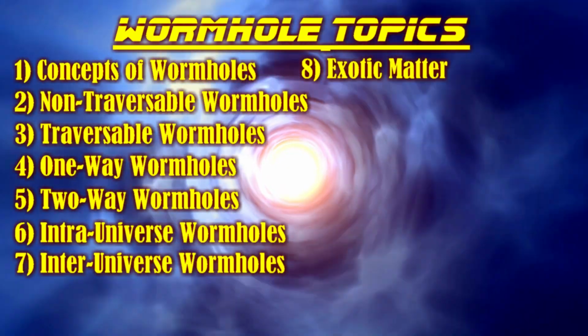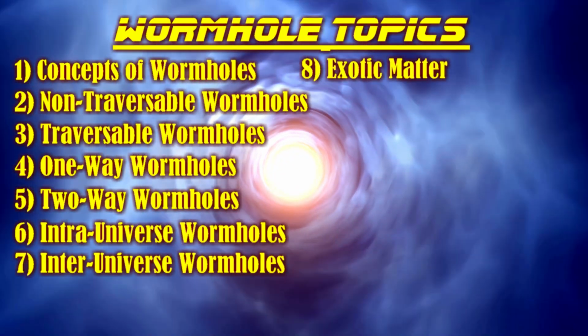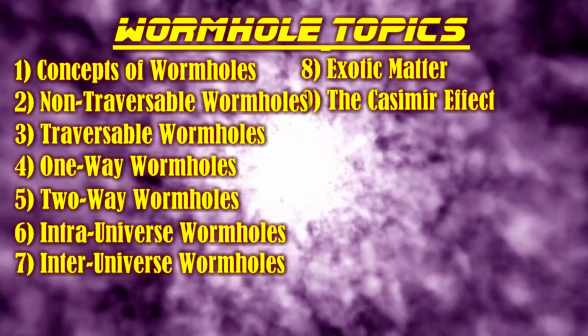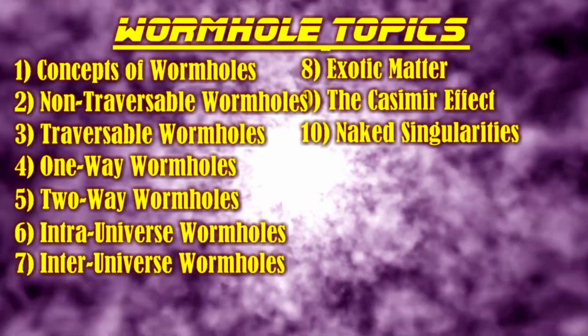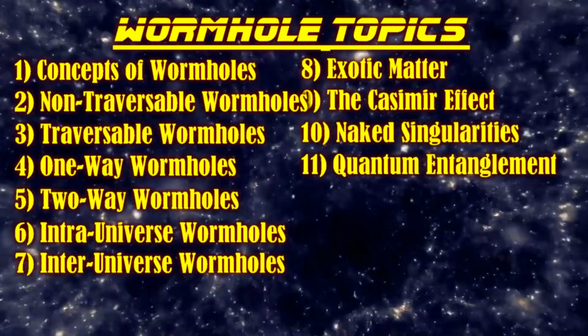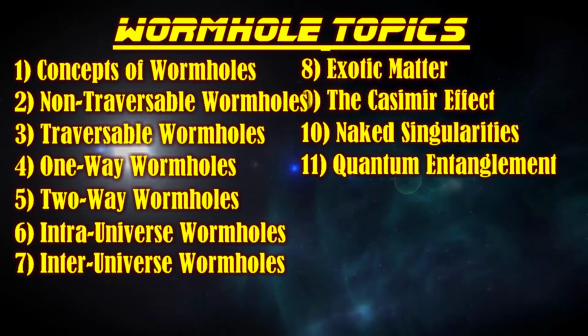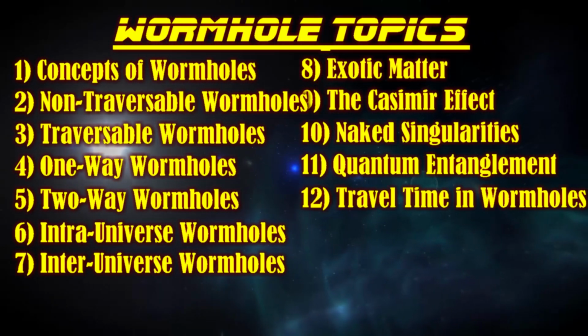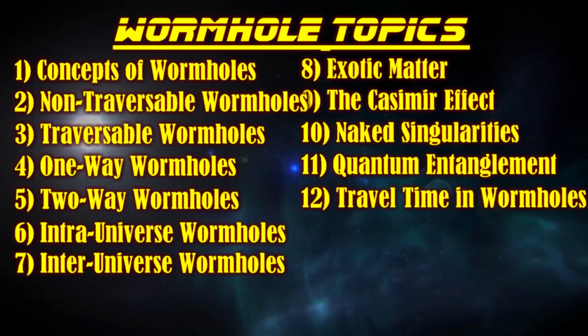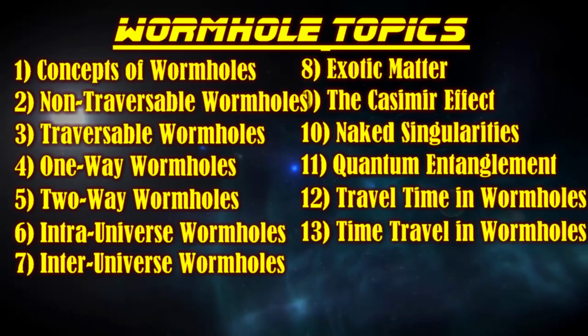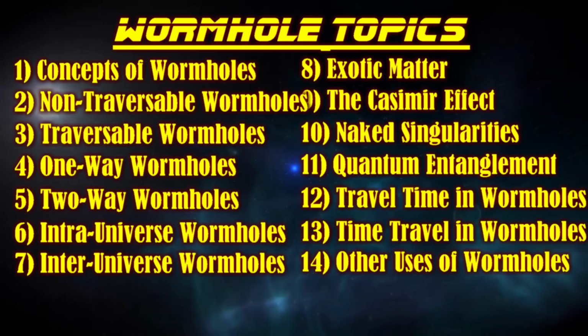Number 8. Exotic matter and wormholes. Number 9. The Casimir effect. Number 10. Naked singularities. Number 11. Quantum entanglement and wormholes. Number 12. Travel time in wormholes. Number 13. Time travel using wormholes. And number 14.